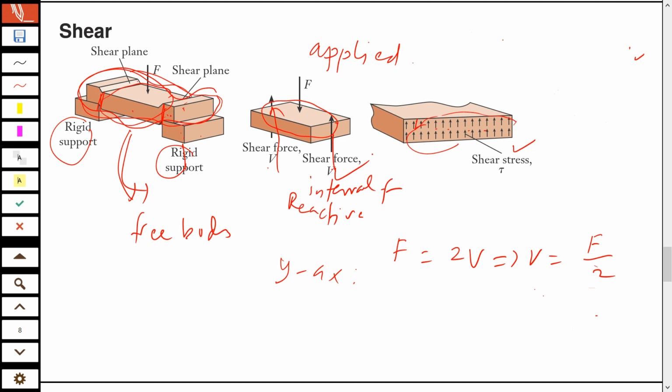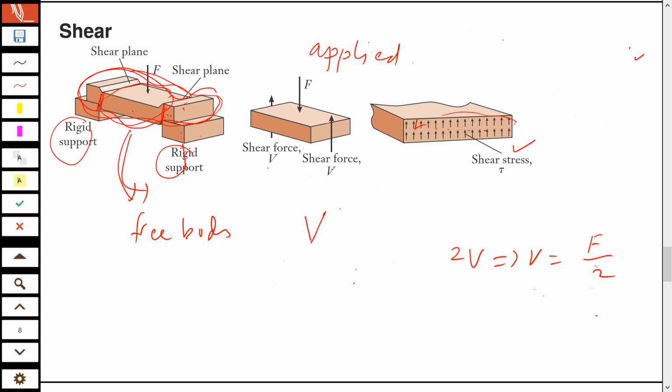That slice I made only conceptually. So now the internal force V is the internal force. Remember, F is the applied force. So V divided by area. Which area? This area.